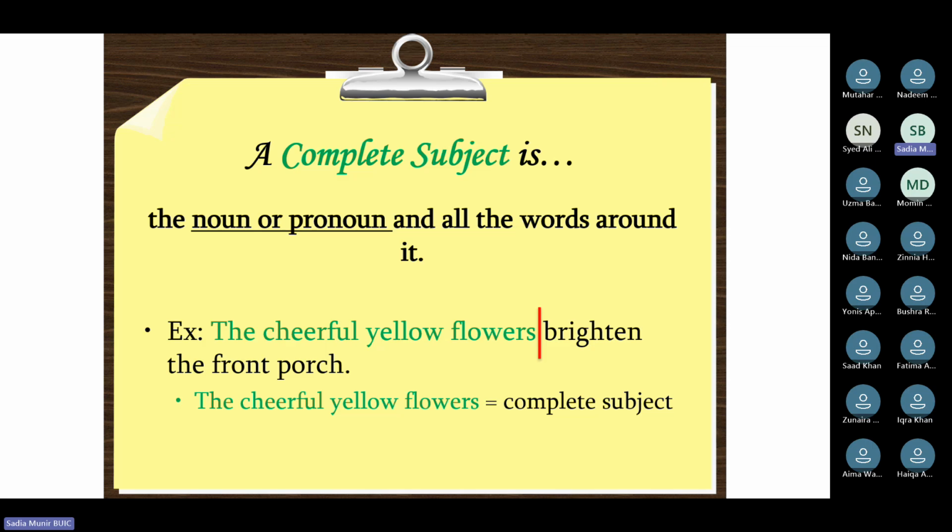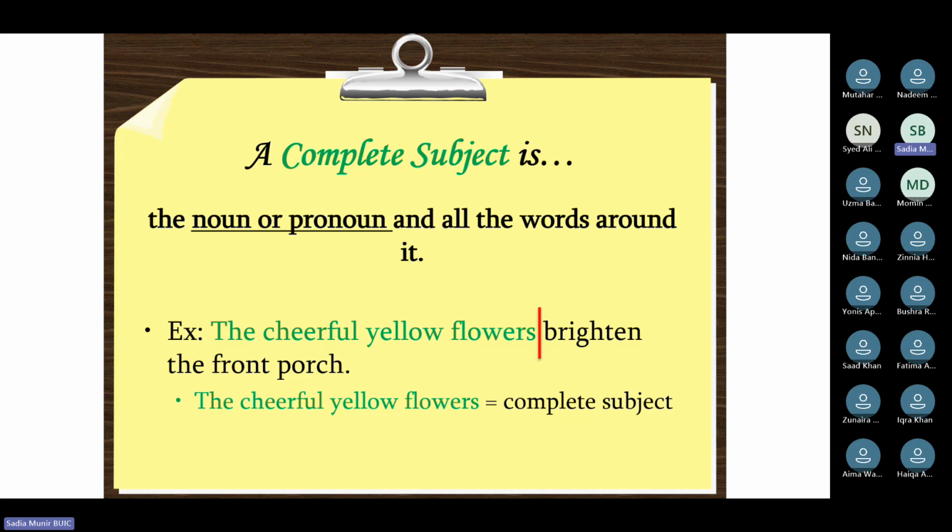I just asked, in these green words in this phrase, which one is the noun? We have already understood that in subject we will be looking for either noun or pronoun. So the best way to identify is to look for the noun, and the rest of it, the cheerful yellow, is article and adjectives.